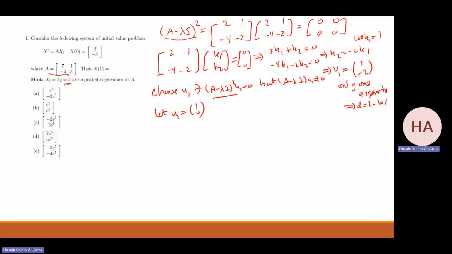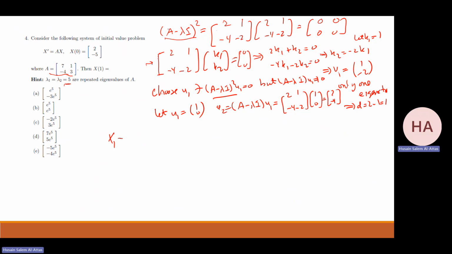Multiply by this matrix and you should get an answer. And u2 will be A minus lambda I u1. What is A minus lambda I? That will be 2, 1, -4, -2 times 1, 0. So the first column is what I need.